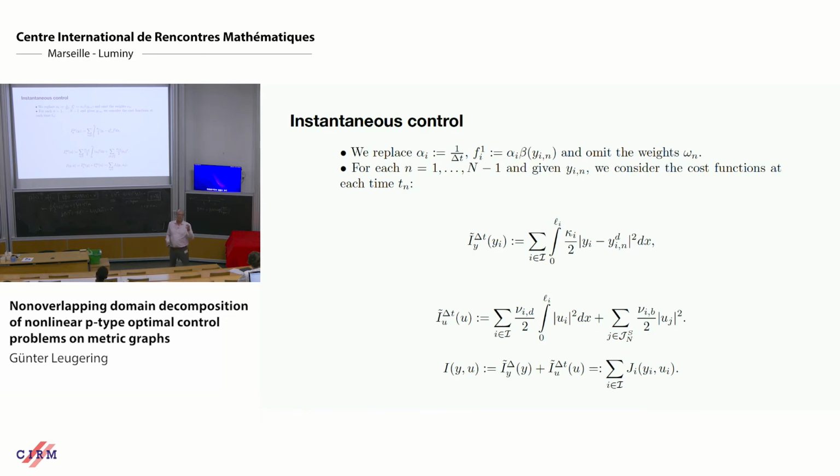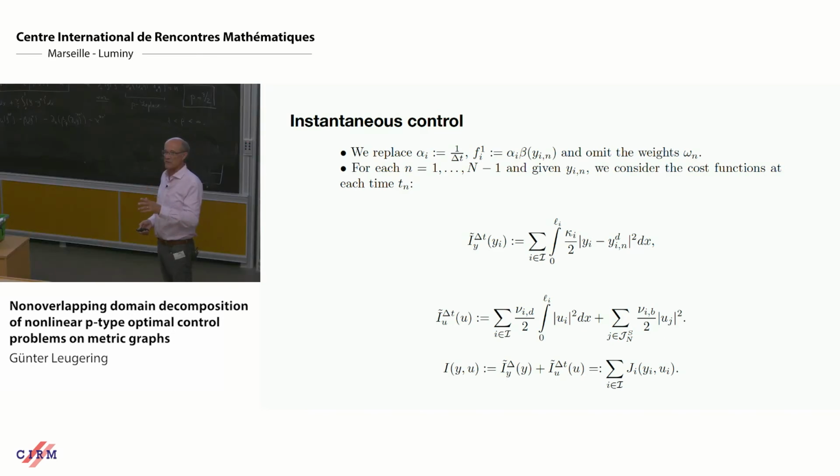If you want to get rid of that, you get rid of the sum and you get what is called instantaneous control. So you are left with just a nonlinear elliptic optimization problem, and you're right back to the lectures that you have seen, right?